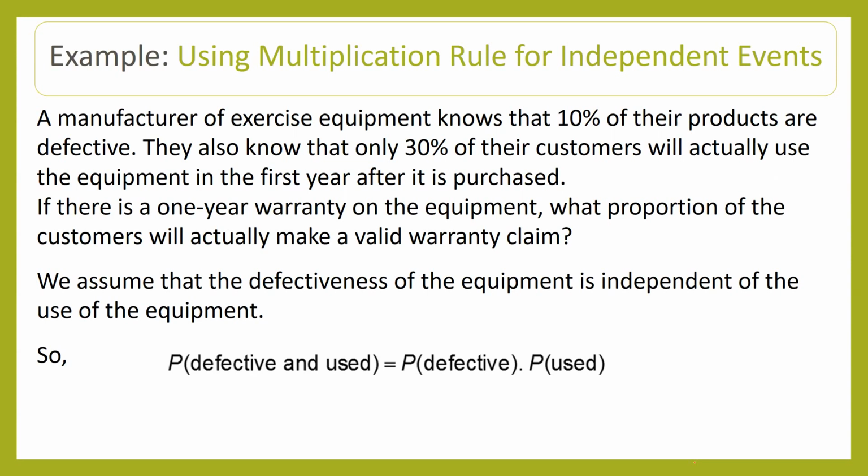In the first year, what's the probability of defective and use? These are independent events, so we have probability of defective times probability of use. Remember that only 10% of the product is defective, so the probability of defective is 0.10, and 30% of the customers will use the product in the first year, so the probability of use is 0.30. Multiplying those two numbers, we get 0.03.